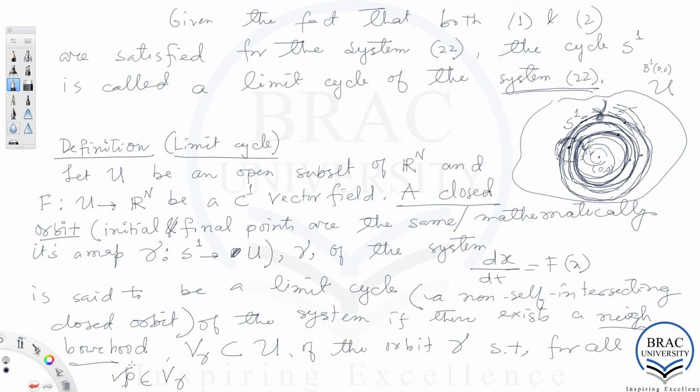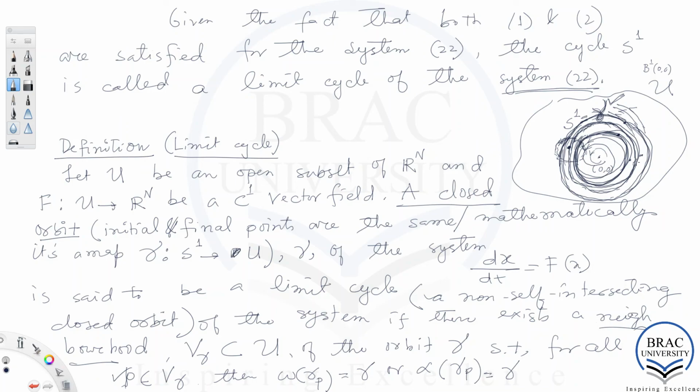then either the omega limit set of the orbit of that point p in the neighborhood is going to be the orbit, the cycle itself, or the alpha limit set of that orbit is going to be equal to the underlying orbit or the underlying cycle itself, as we have seen in our present context.